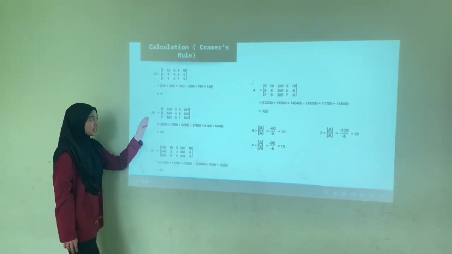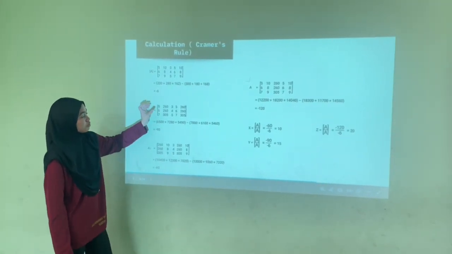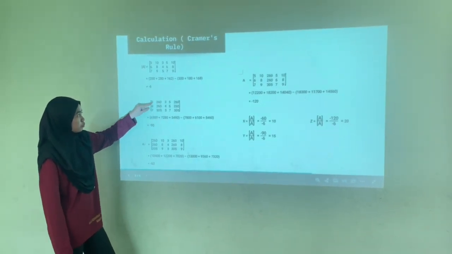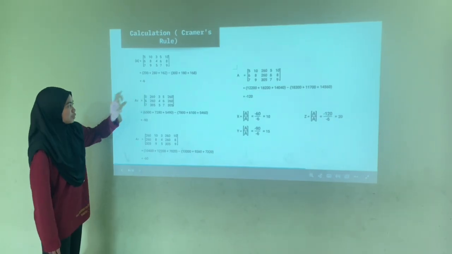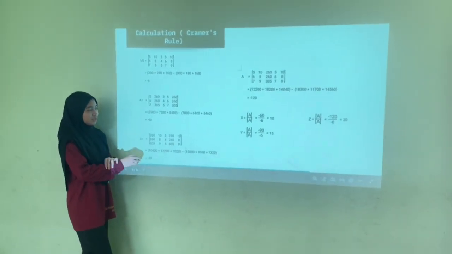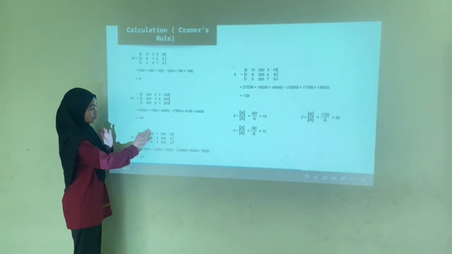For determinant A2, we take the value of the total cost and put it in the second column.